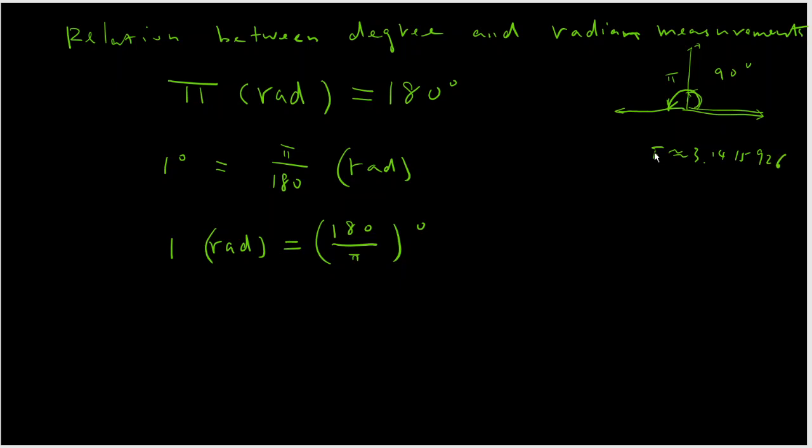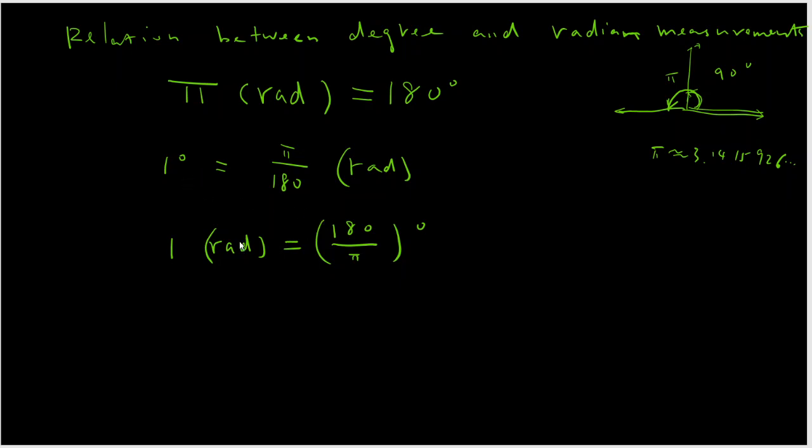Some people challenge their memory by memorizing the value of pi to many decimal places, which is weird to me. But you just need to know the approximate value of pi, and pi is an irrational number. By that we mean it's an infinite non-repeating decimal.